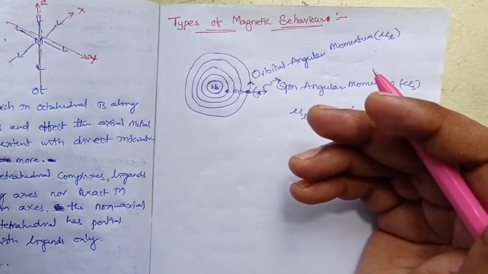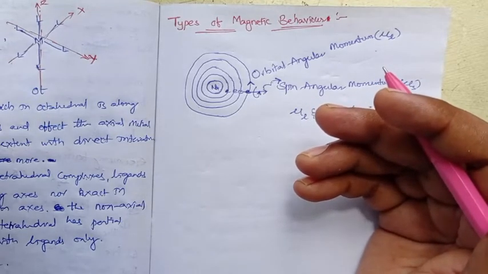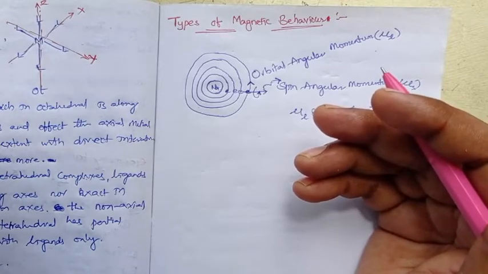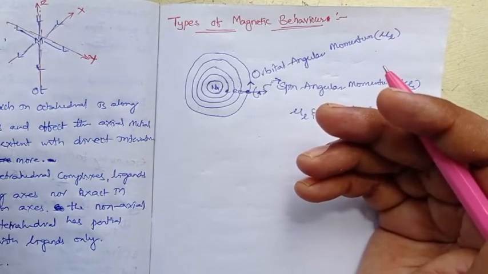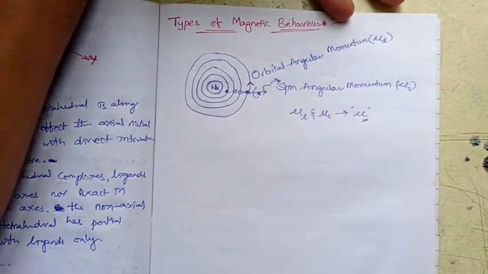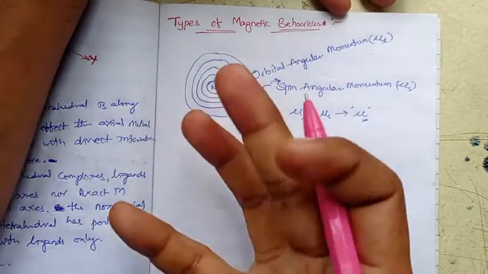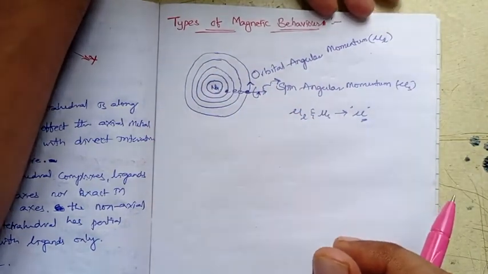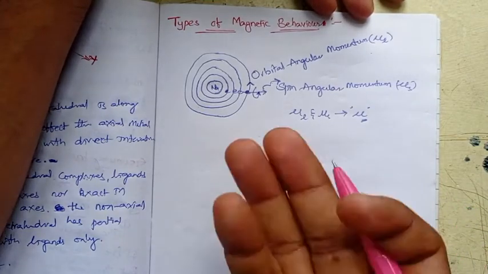Their contributing magnetic momentum gives the magnetic behavior in the atom, the molecule, and the substance. So now you got why substances have magnetic behavior due to these two.